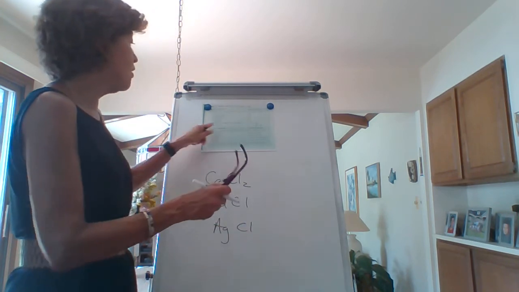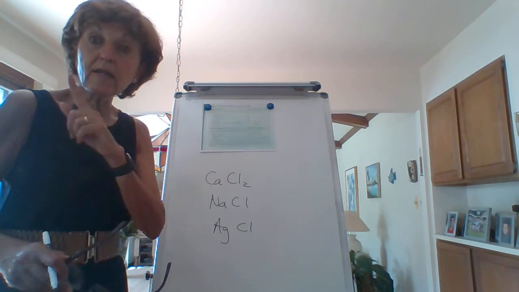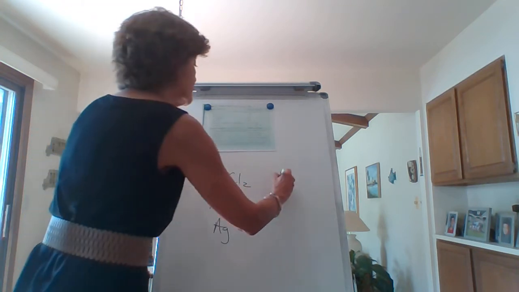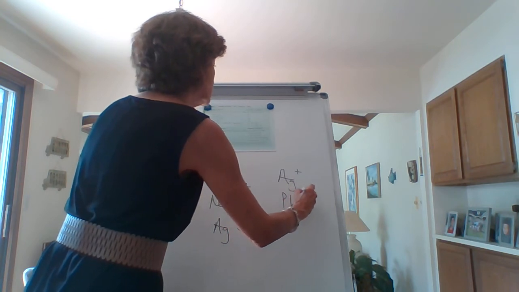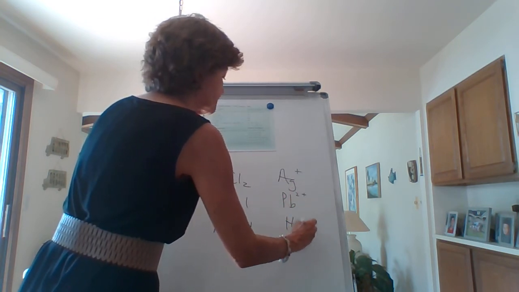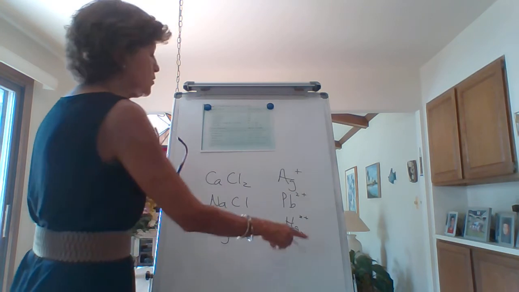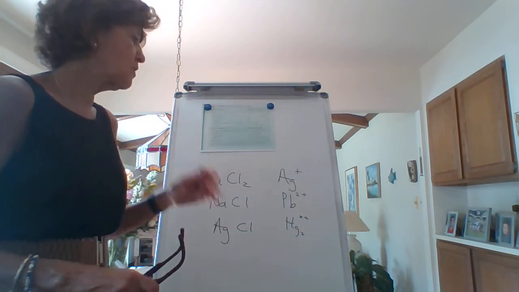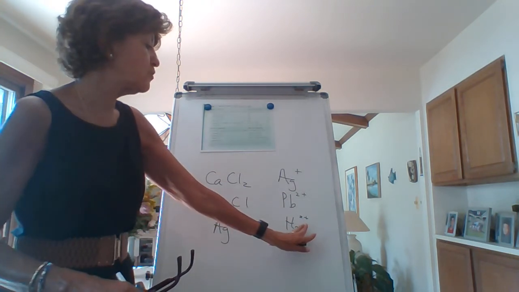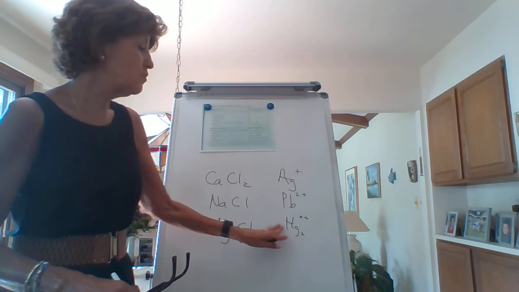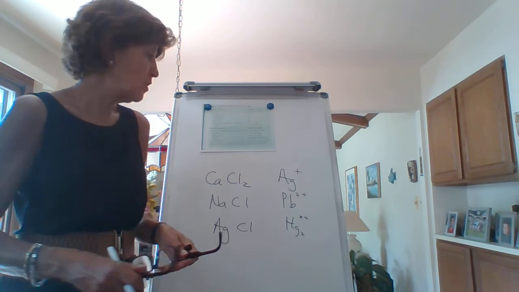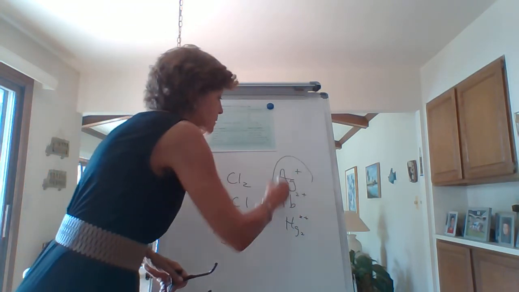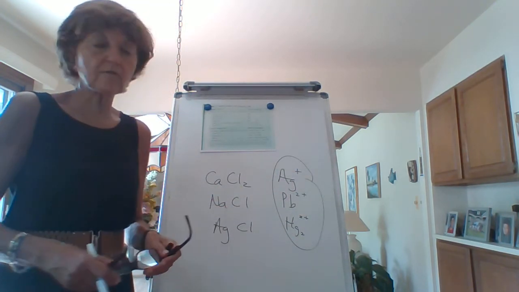According to this rule, all chlorides are soluble unless they're hooked up to silver, lead, or mercury. This one is mercury 1, because remember, mercury 2 would just be Hg2 plus mercury. 1 has 2 mercuries attached to each other with an overall charge of +2. So these are the exceptions to the solubility of chlorides.